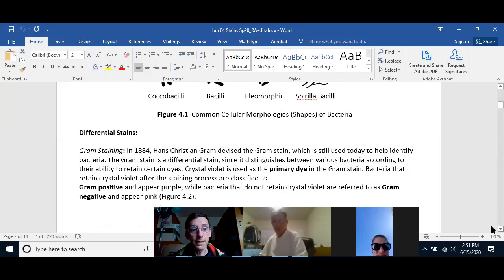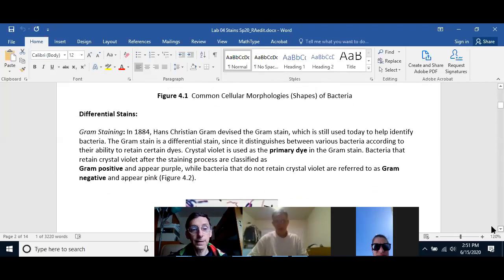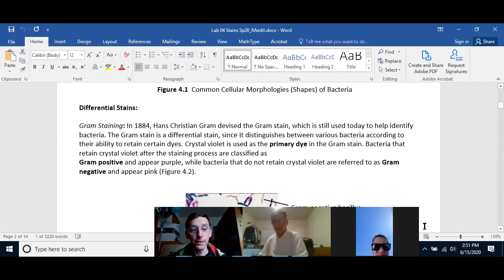We talked about the Gram stain briefly. Let's mention that it was invented by Hans Christian Gram, and he devised it to differentiate between a patient's cells and a bacterial infection. A microbiologist started using it and they said, my gosh, this Gram stain separates out gram positive and gram negative.